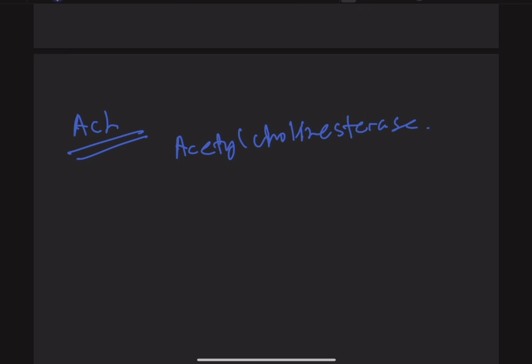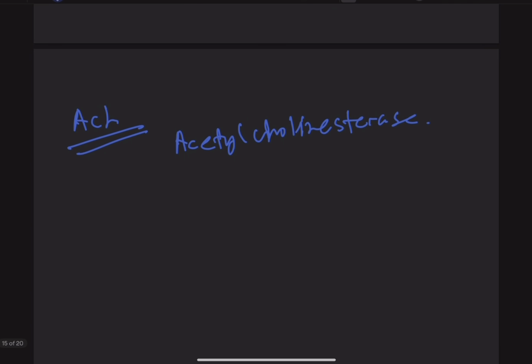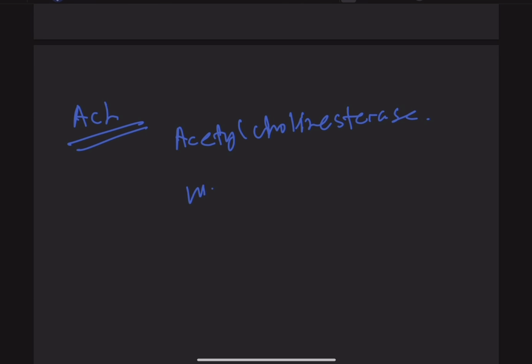So it has a very short plasma half-life, and acetylcholine also has wide effects. It can act on a wide variety of receptors. So acetylcholine is not a selective drug, and it has wide adverse effects. So acetylcholine is not used as a drug.